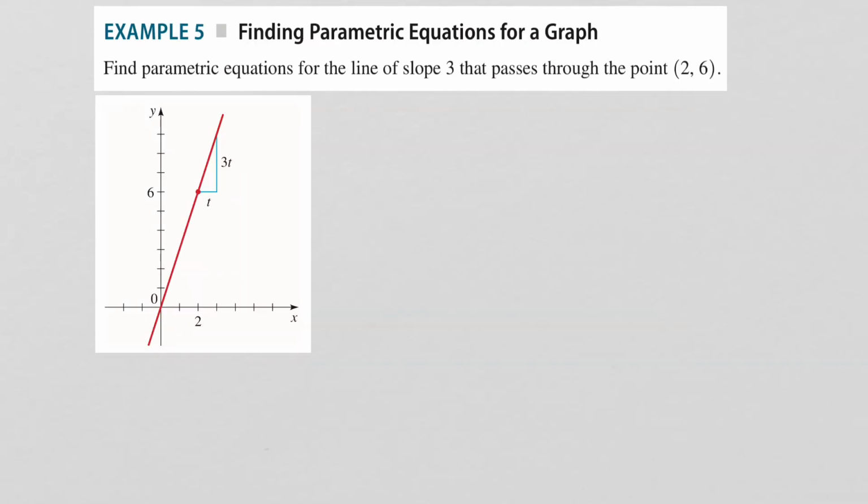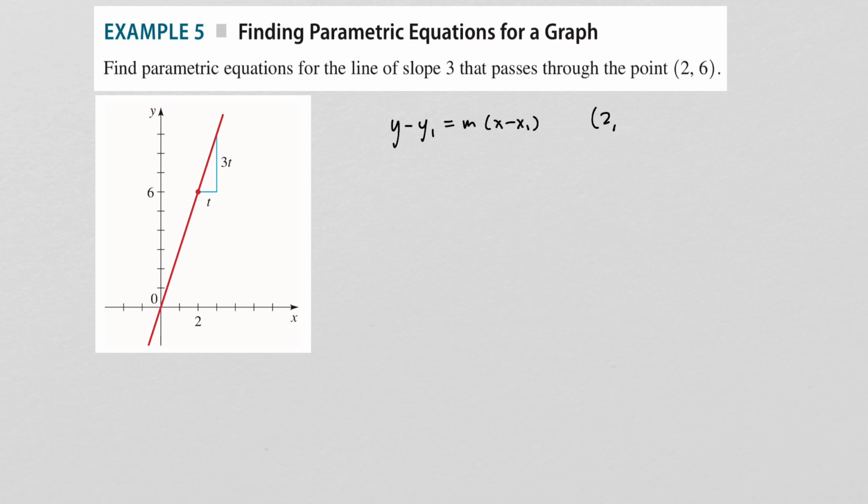In our final example, we're going to find parametric equations for a graph. And here we want to find the parametric equations for the line of slope 3 that passes through the point (2, 6). Now, there are many different parameterizations, but one thing we could do is we could just find the rectangular equation. And so we know that y minus y1 is equal to the slope times x minus x1.